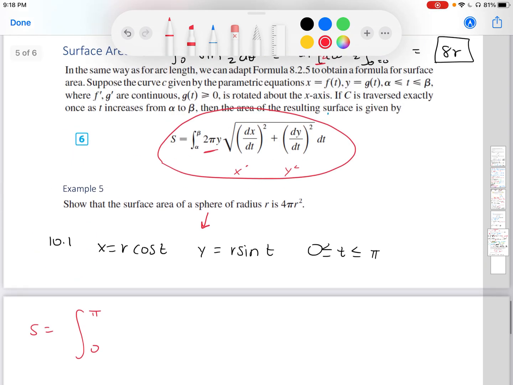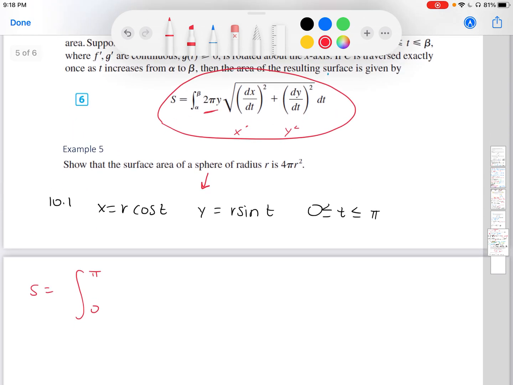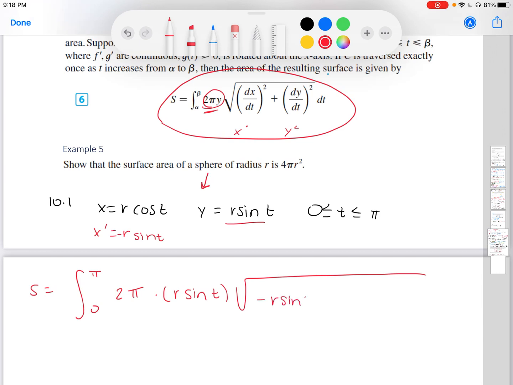And we have our 2 pi y, 2 pi, and y is r sine of t, and the square root of, we have our partial derivative of x squared, so we have negative r sine of t squared plus our partial derivative of y squared.